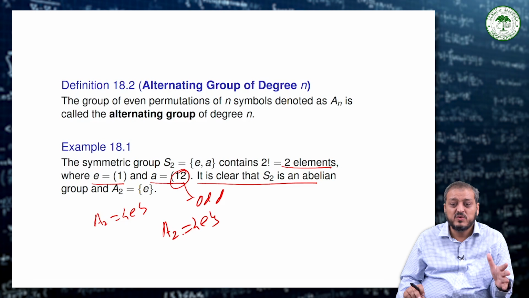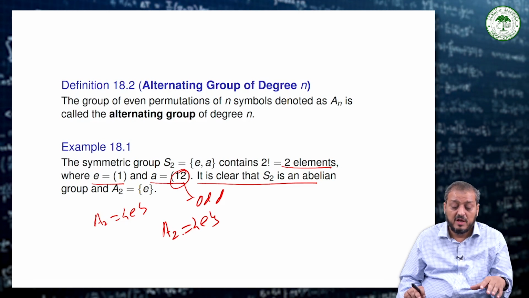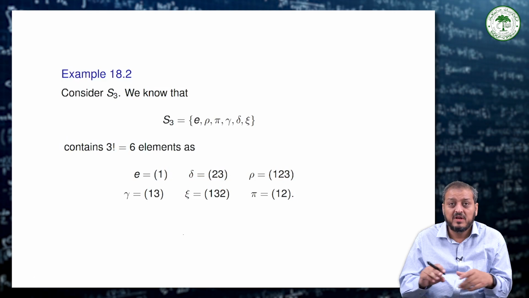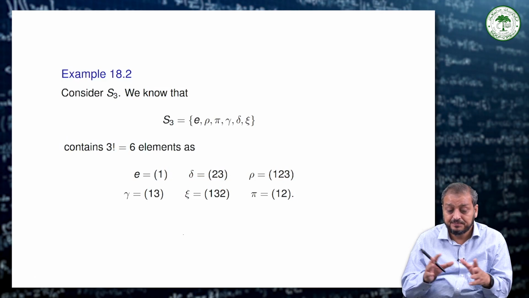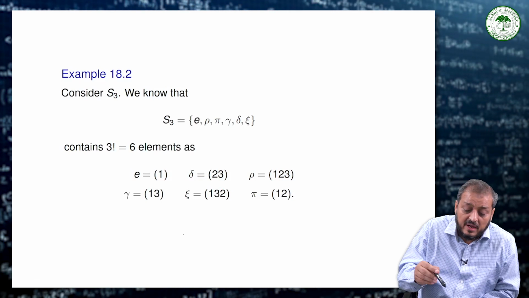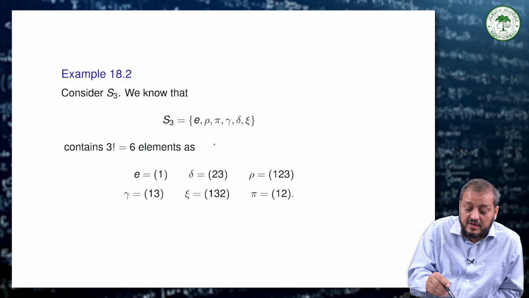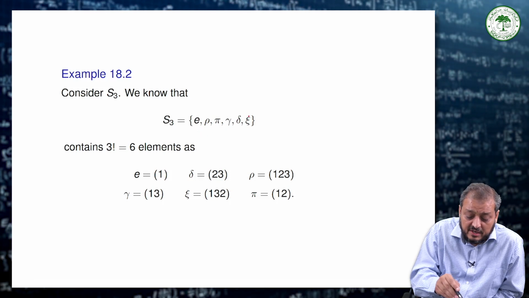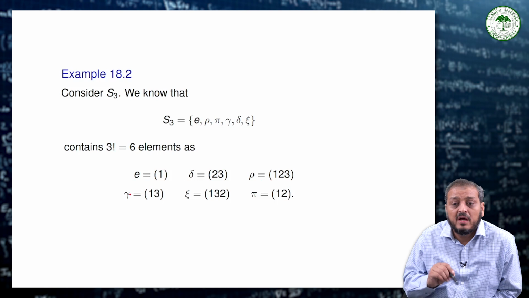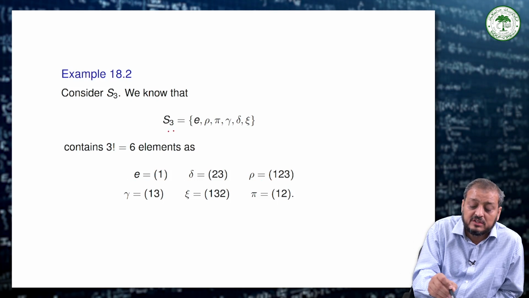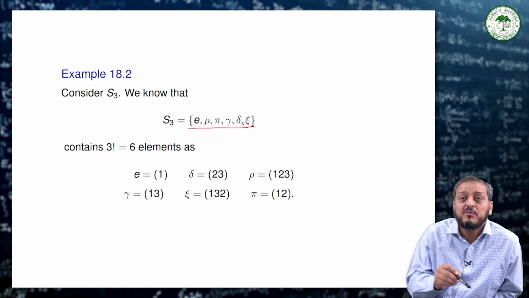So this means we can simply say that, if you see, we have to consider another example. Consider S3, and the elements of S3 are like this: S3 is equal to E, rho, pi, gamma, theta, delta. I am mentioning all of them, where E is the identity, because when we define the symmetric group we use the same notation.